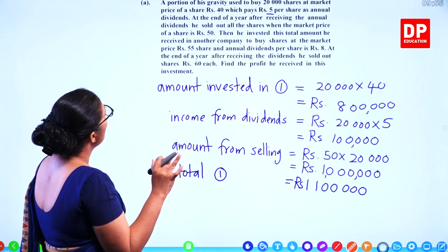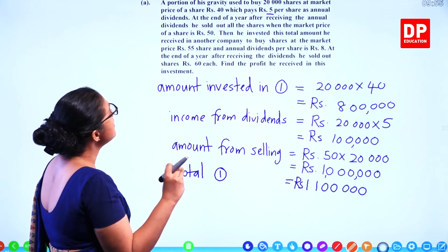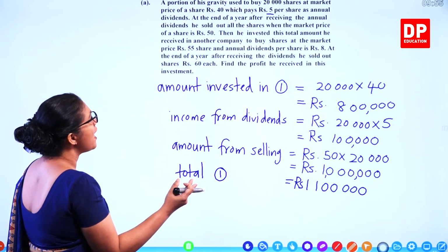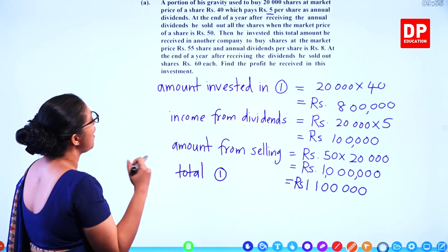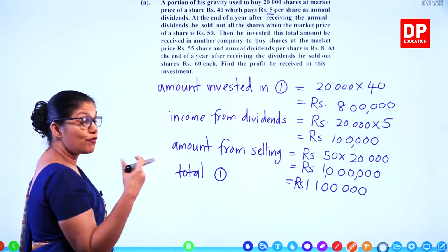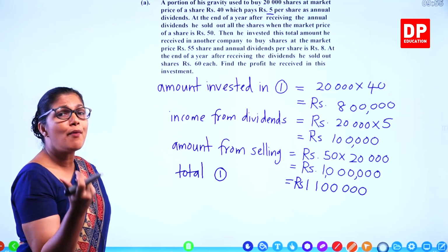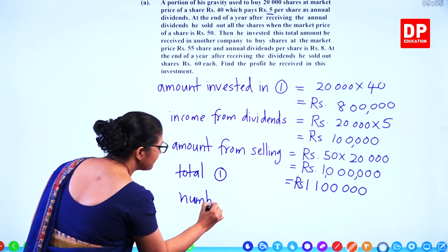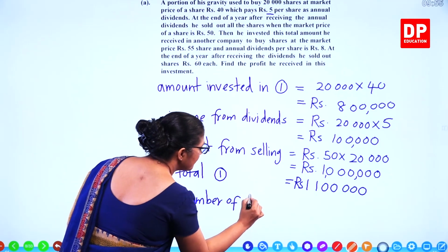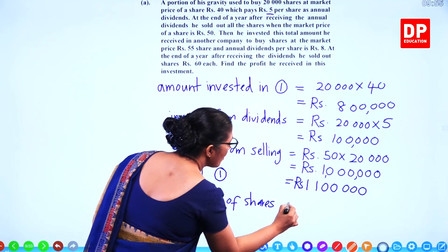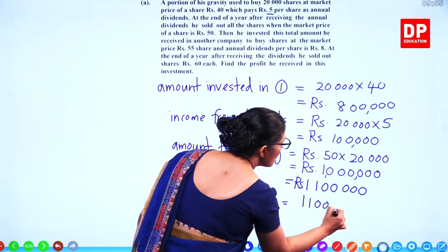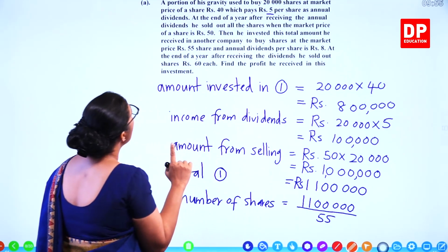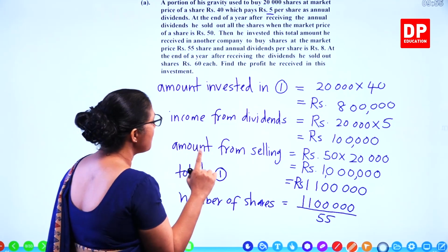And then what happens? Then he invested this total amount he received in another company to buy shares at the market price 55. Now we have to find out how many shares he bought from the second company. Number of shares: 1,100,000 divided by 55 because the buying price is 55 there.